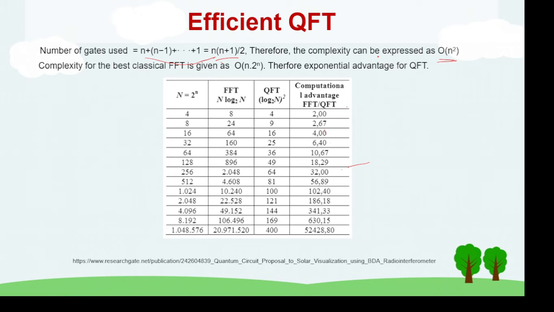And typically the complexity for the best classical FFT is n into 2 to the power of n. So you can verify it. So we are getting an exponential advantage. See here?